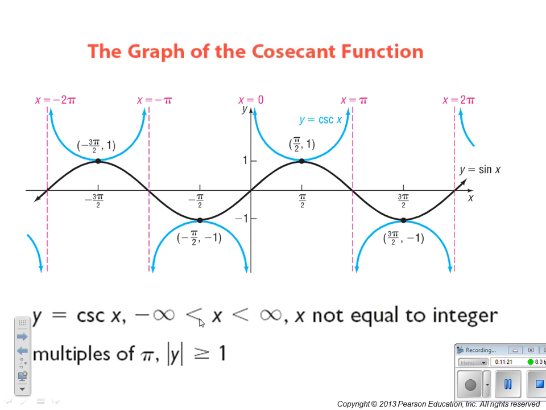Our range is all y values except the values in between positive 1 and negative 1. If you look, cosecant never outputs a number between positive 1 and negative 1, or they write it as absolute value of y is greater than or equal to 1.